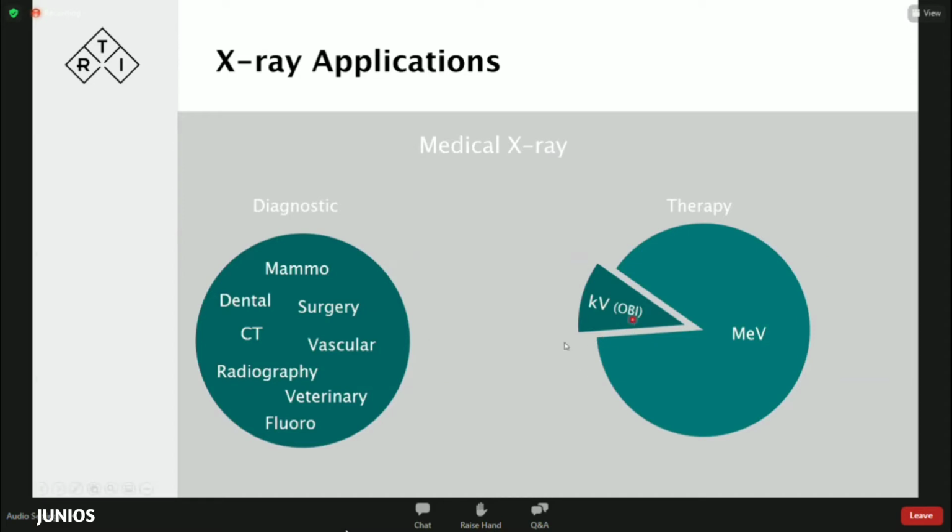However, there is also the therapy application, where image-guided radiotherapy uses kilovoltage energy, and our instruments from RTI can also be used to do QA. One of the elements of QA testing, both for the diagnostic area and this therapy area, is the testing for leakage and scatter.